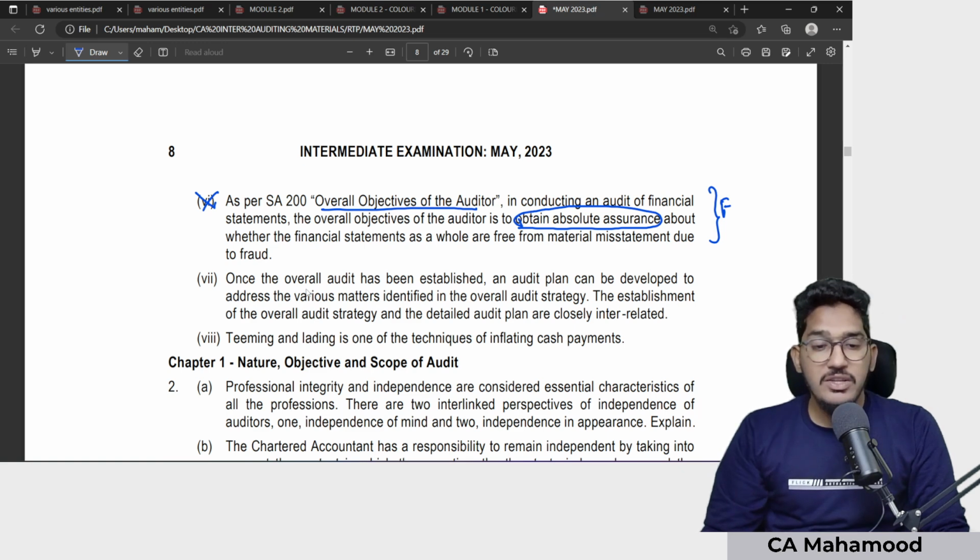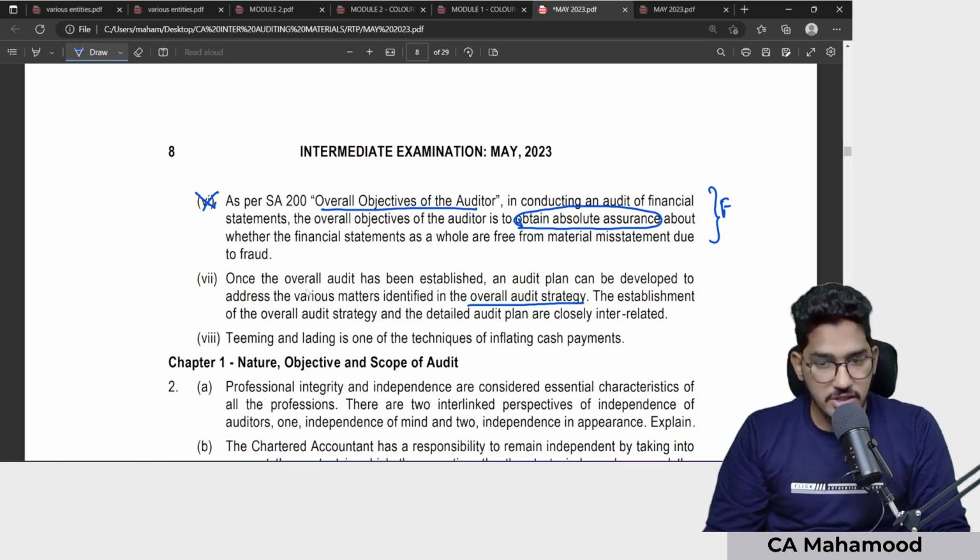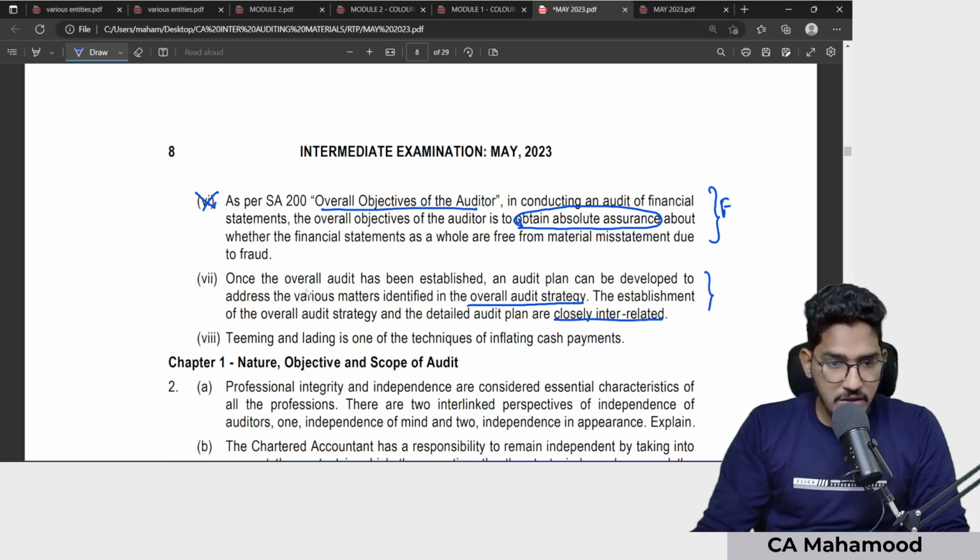Next one. Once the overall audit strategy has been established, the audit plan can be developed to address various matters identified in the overall audit strategy. The establishment of audit strategy and detailed audit plan are closely interrelated. Do you agree with this statement? Yes. But in fact, the question contains some printing mistake. Once the overall audit strategy, this is missing. But overall, this statement is true.